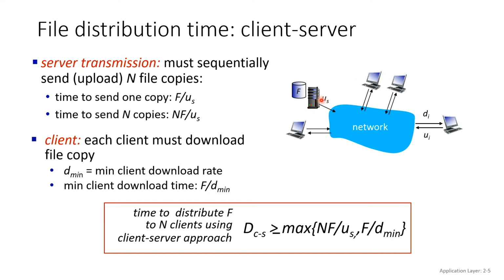This client can at least download this file at the speed of its download rate. The particular time here is the file size divided by the upload rate. This is the minimum distribution time for a particular user i.